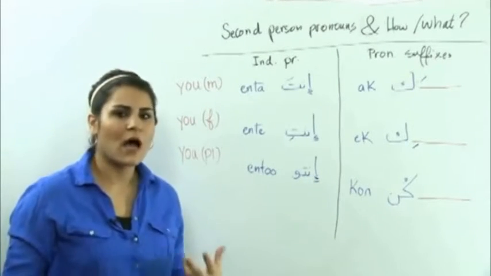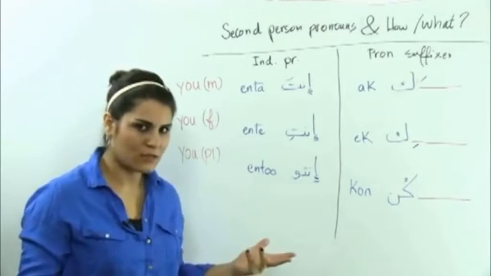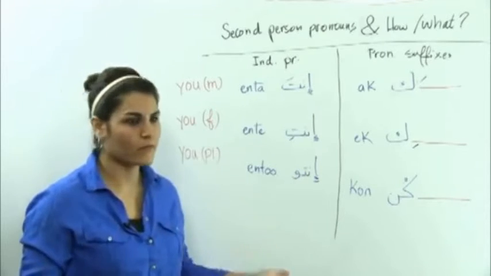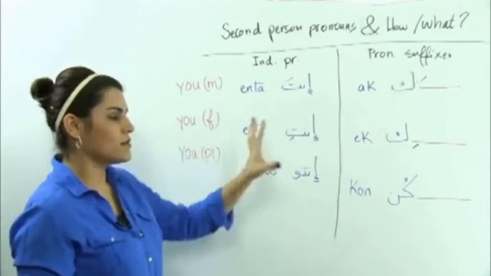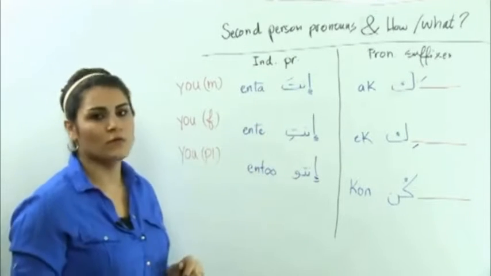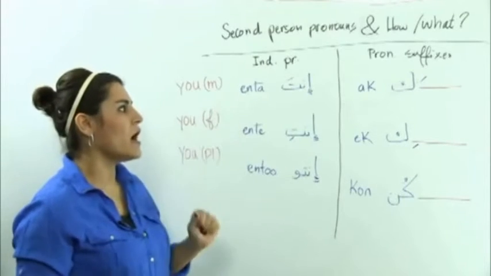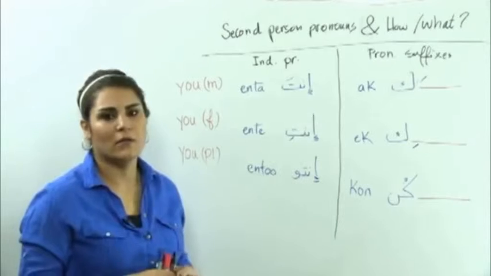Now the question is how we can use these pronouns. It's not just a grammar lesson, we need to use them. So I want you to keep in mind this chart, because I'm gonna erase it and go to the second part, which is how we use the second person pronouns with how and what.